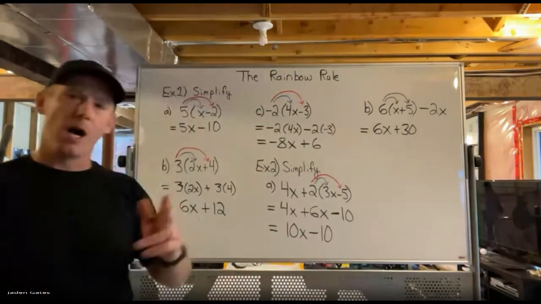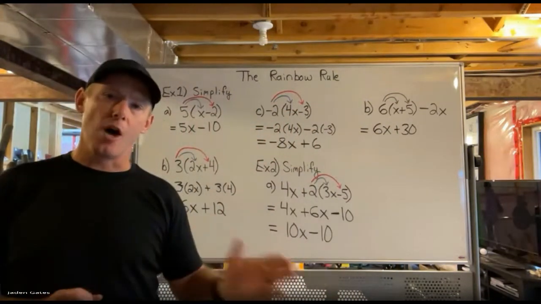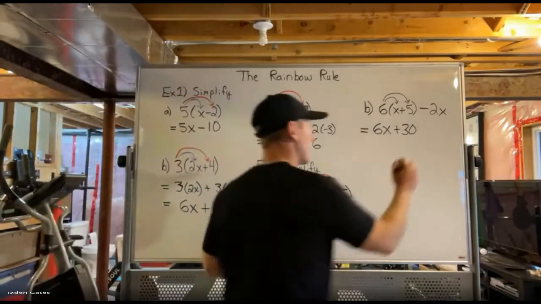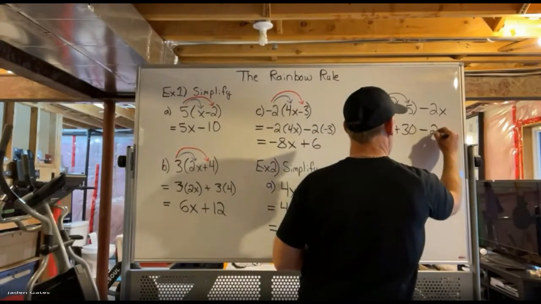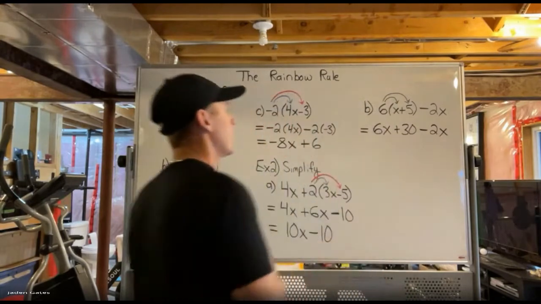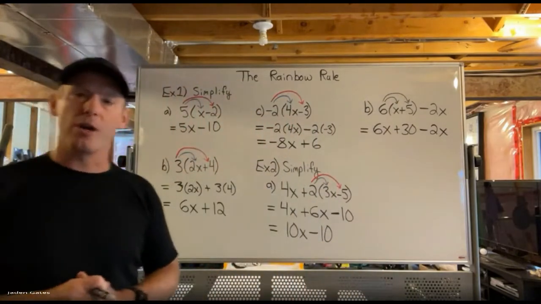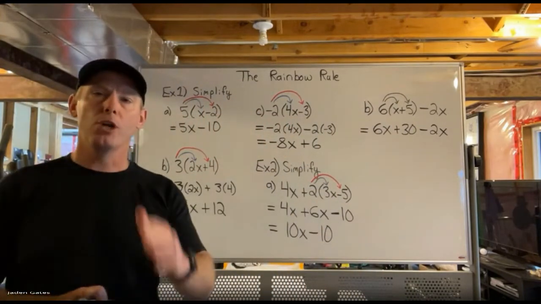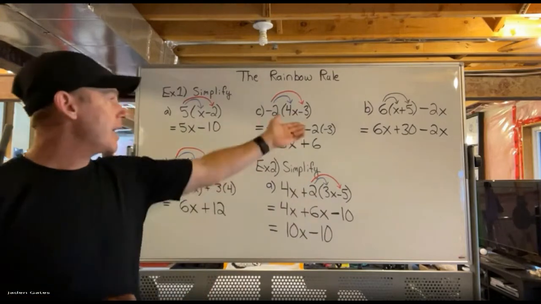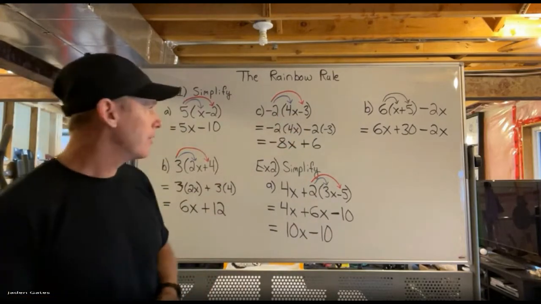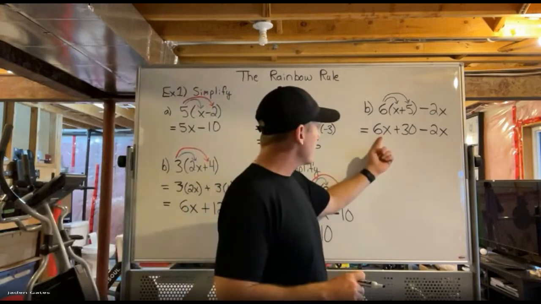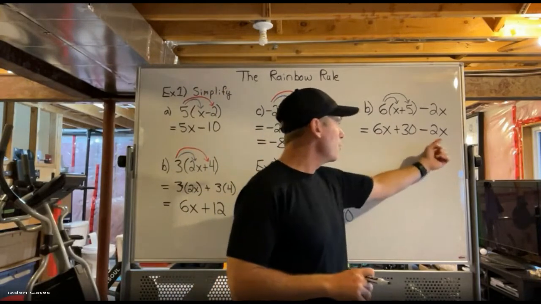And then I have that minus 2x. And again, it's not part of the rainbow rule, but it is involved in what we're doing here. So I put a minus 2x there. Now, this is a part after I'm done the rainbow rule where I'm looking for like terms. And again, I have x's I can put together. I have 6 x's, but then I lose 2 x's.